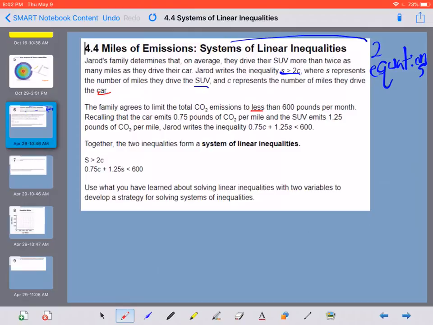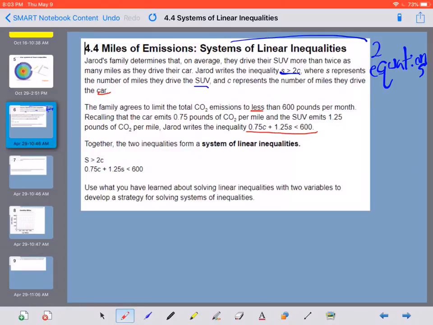Recalling that the car emits 0.75 pounds of CO2 per mile, and the SUV emits 1.25 pounds of CO2 per mile, Jared writes the inequality 0.75C plus 1.25S is less than 600.